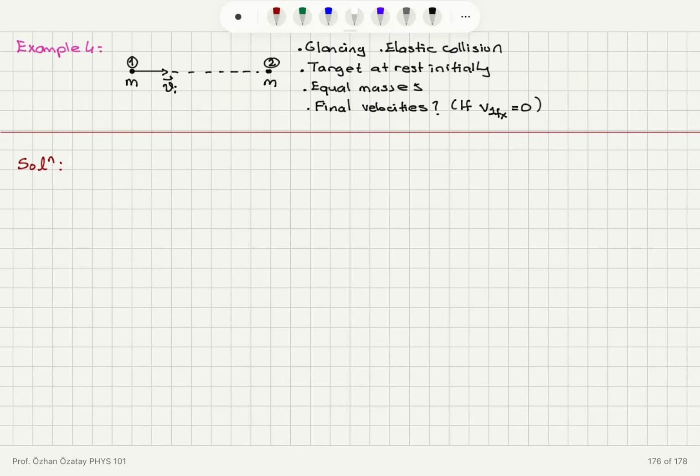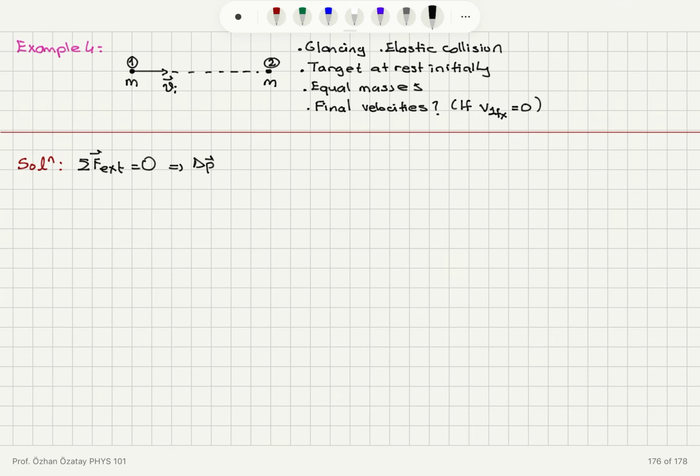Next example, now I have a particle with mass m and velocity Vi moving towards a second particle with the same mass initially at rest, equal masses. What are the final velocities if I see that the final velocity x component of the first particle is 0? Once again, the total external force acting on the system is 0.